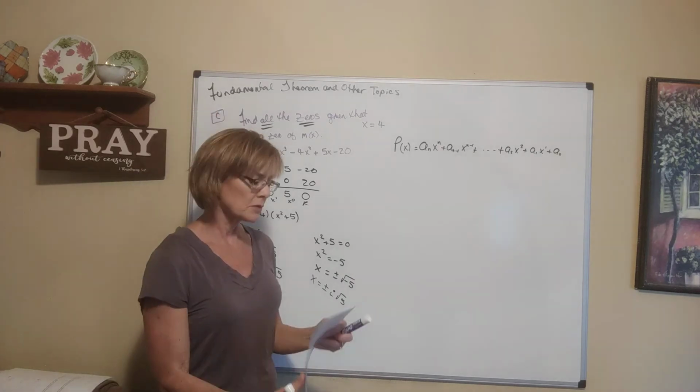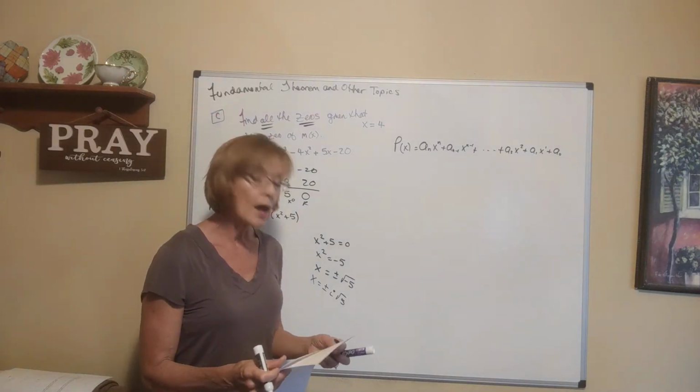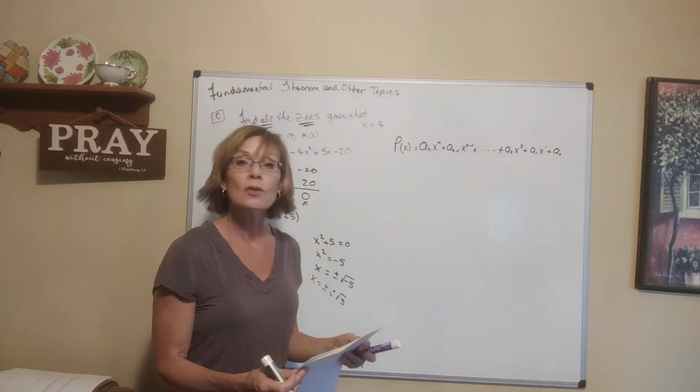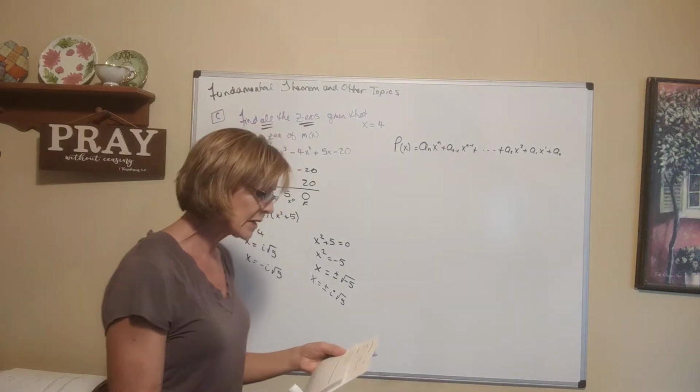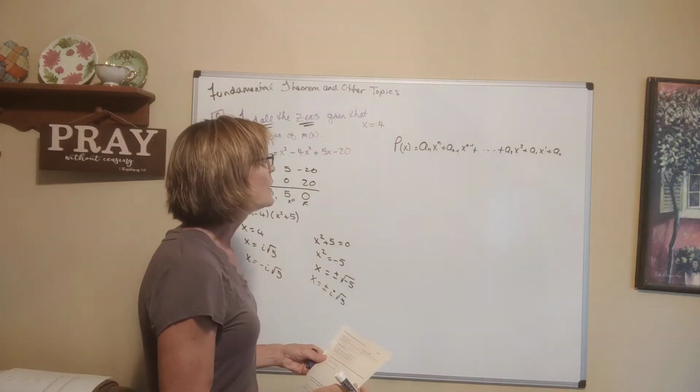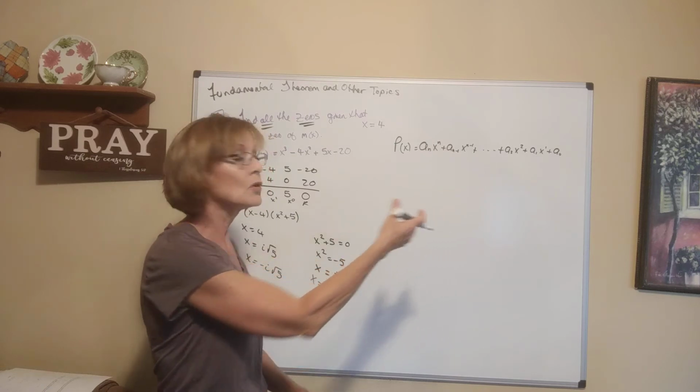Now the rational zeros theorem is used to help us try to find where some possible zeros are. Rational means fractional. And this is what it says. You can produce a list of possible zeros.